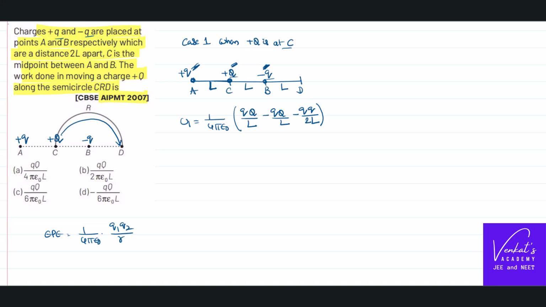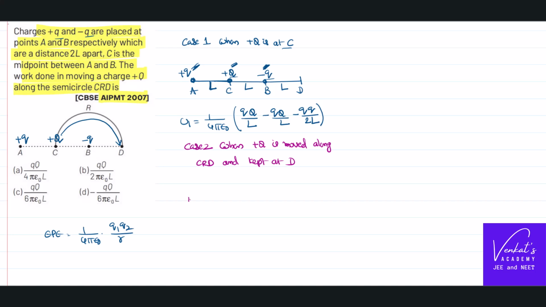Let us see what case 2 is. Case 2 is when plus Q is moved along CRD and finally kept at D. Let me draw the diagram for that also.